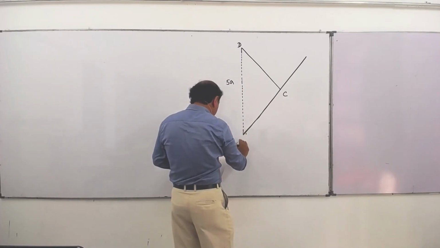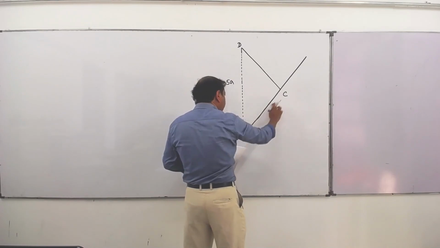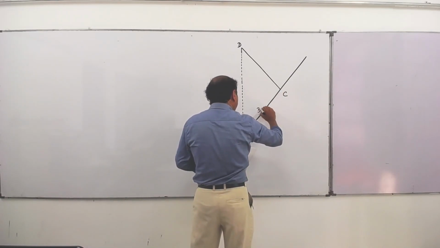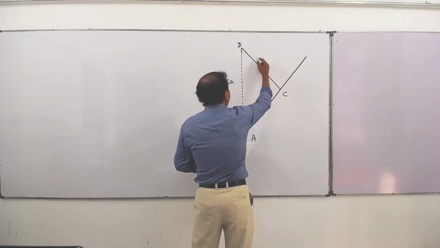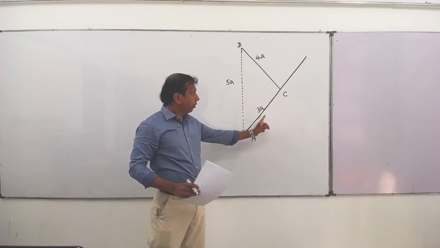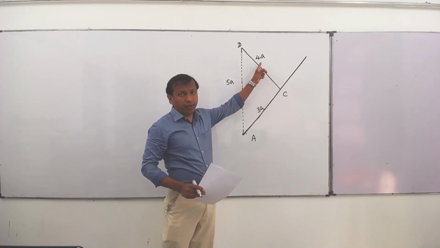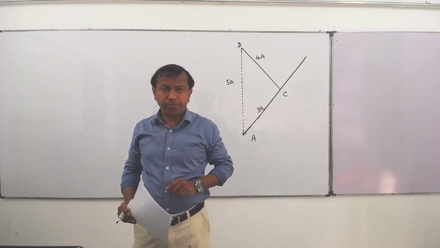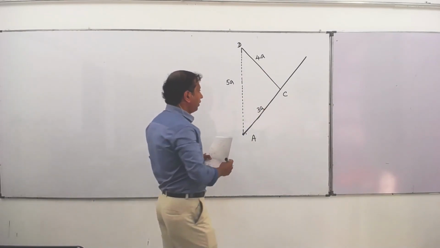This is A. A is at A. We have a hinge. AC is given as 3A. This is 3A. And this length is given as 4A. Then these three lengths, 3A, 4A, 5A, satisfy Pythagoras theorem. So therefore here it is 90.